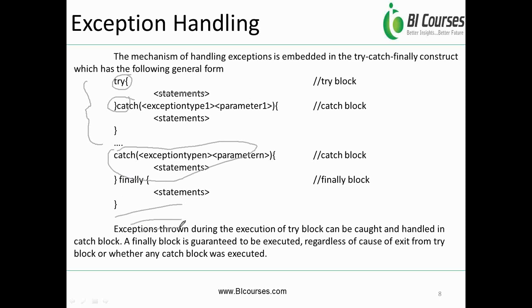If we don't handle the exception, then what will happen? Suppose at statement 3 we got an exception, then the system will not execute the other statements, it will terminate the program. So in order to continue the execution of statements, we need to enclose those statements in a try catch block.